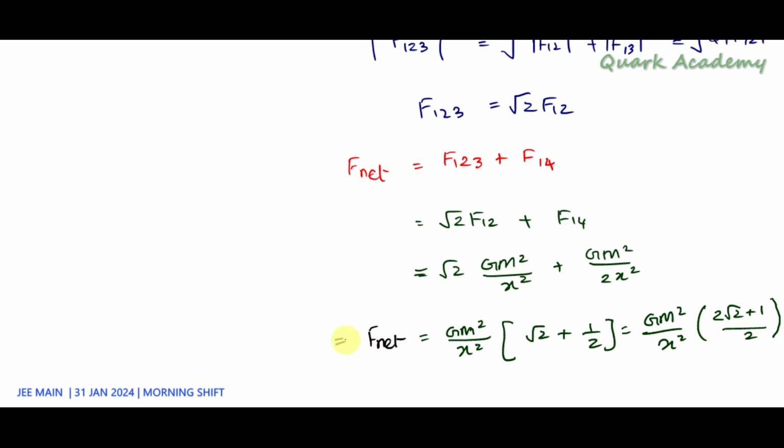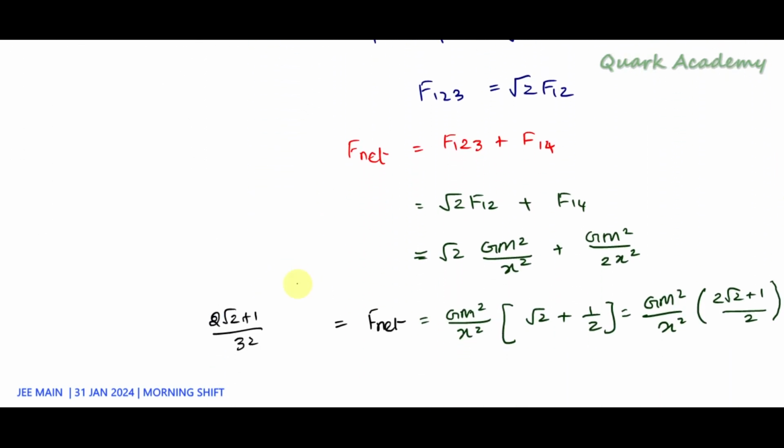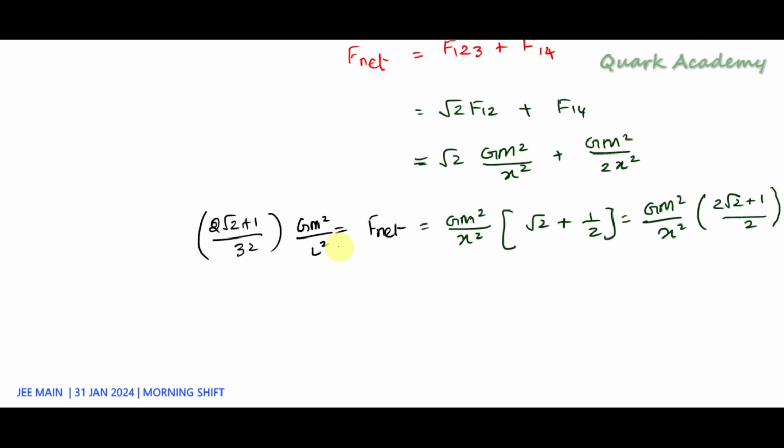And based on the question, this is equal to 2 root 2 plus 1 by 32. Let me check it. Yeah, by 32 into Gm squared by L squared. So we can just cancel the numerator since both the sides are equal.